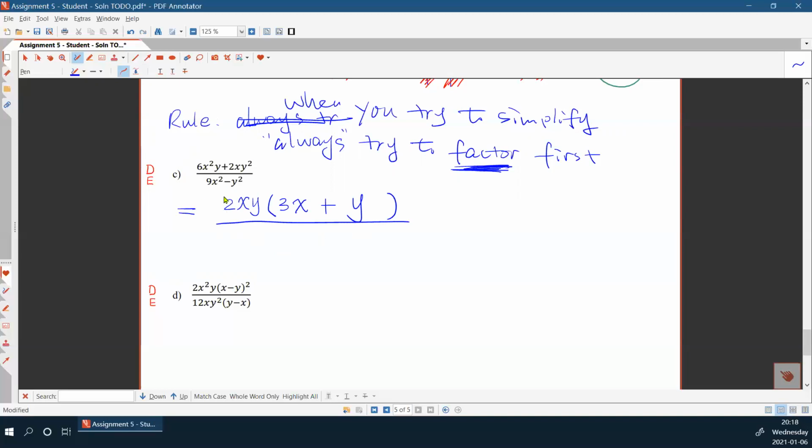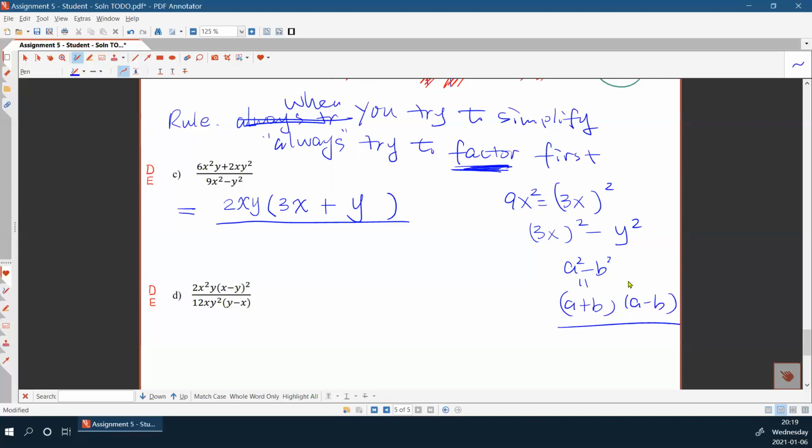How about the denominator? 9x squared is actually 3x squared, so that means 3x squared minus y squared. Again, you see this formula: a squared minus b squared is a plus b times a minus b.